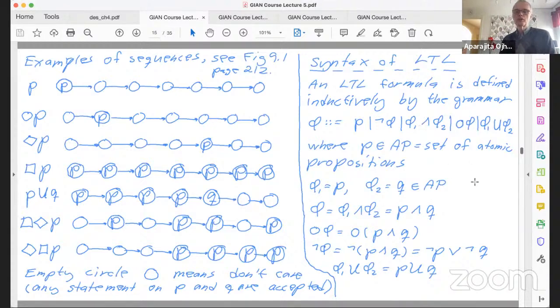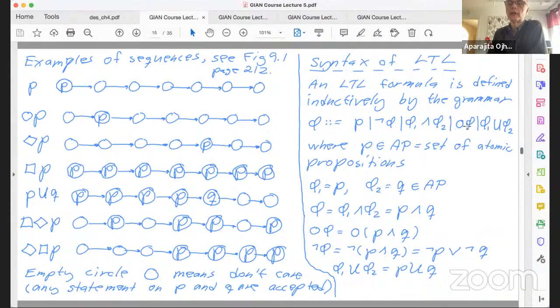Then we have the syntax of LTL. And in that case, we also include some basic propositional logic operators. So we can inductively define a grammar where we start with an atomic proposition, then you can take the negation of that, or you can take the conjunction of two LTL expressions.